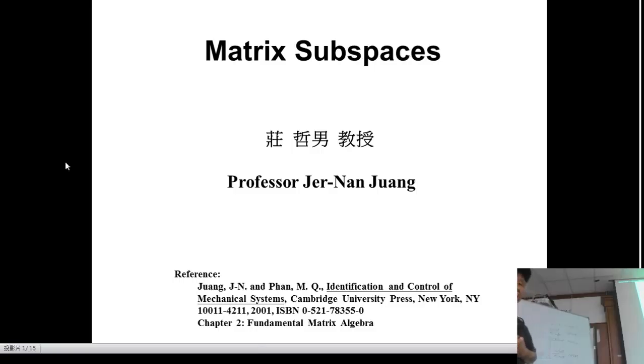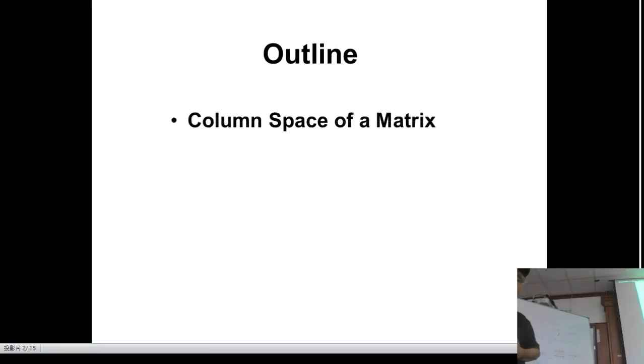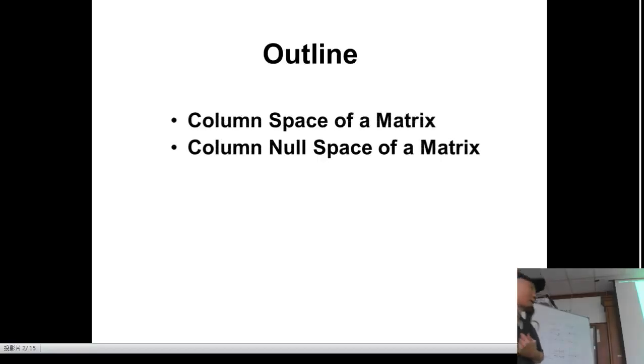All right, now the subspace, metric subspace, because we need to use the subspace concept for some control techniques development, so let us look at the subspace. Now I'm going to talk about the column space of a matrix. And the important idea is null space.